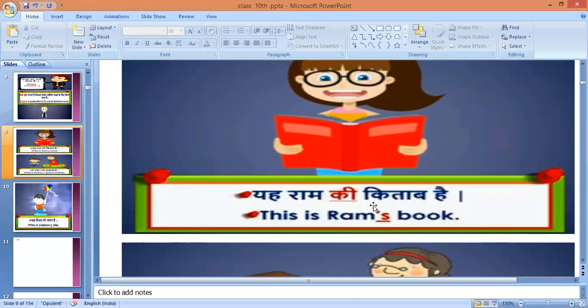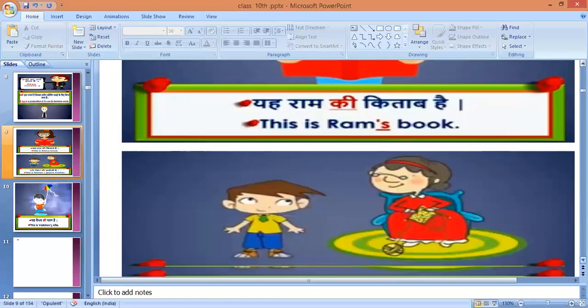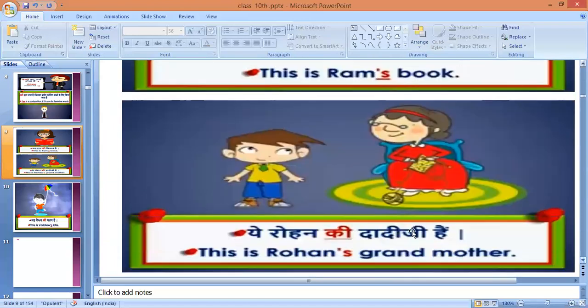यह राम की किताब है. This is Rama's book. It means we use apostrophe s in its place. Next one. ये रोहन की दादी जी हैं. Here दादी जी means grandmother, feminine gender, so we use here बड़ी ई की मात्रा की, the long pronunciation.